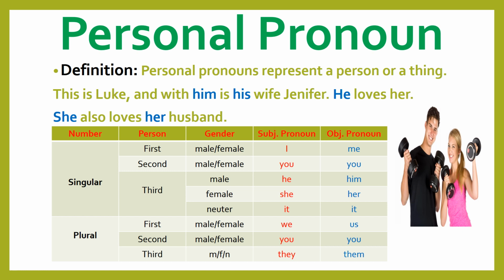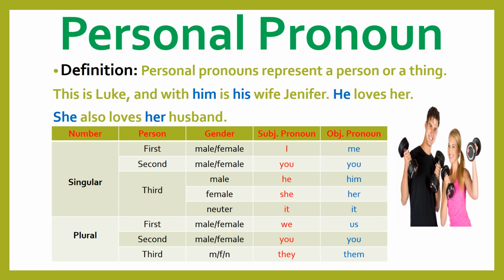And for neuter we use it, for the neutral gender, for which we are not sure whether it is male or female, or you can say this is used for things. It is used for things. And the object of the third person pronoun it is also it.